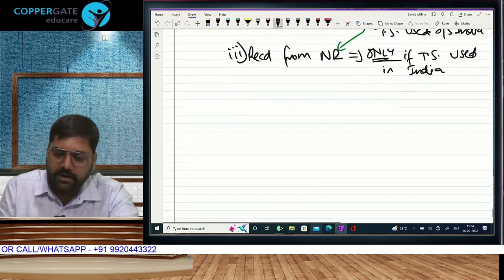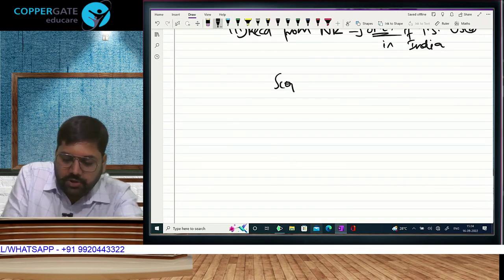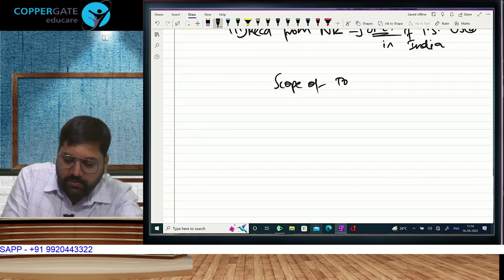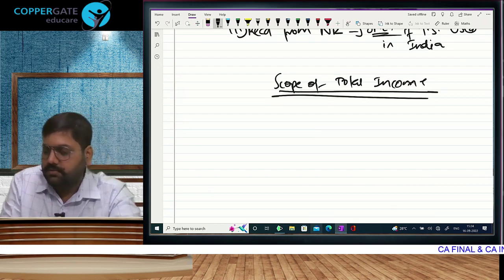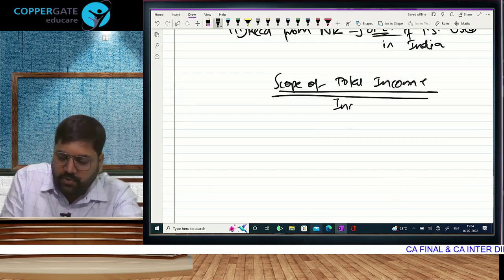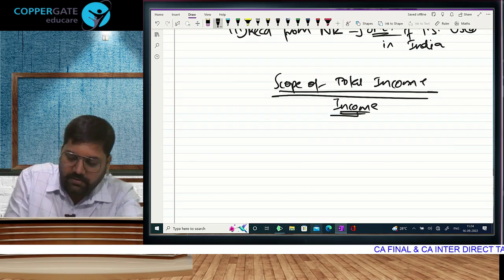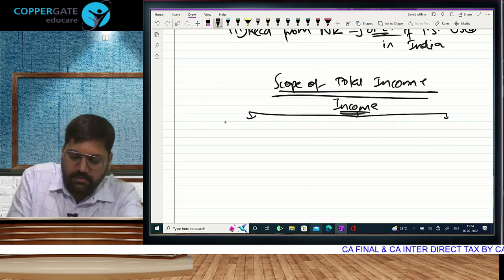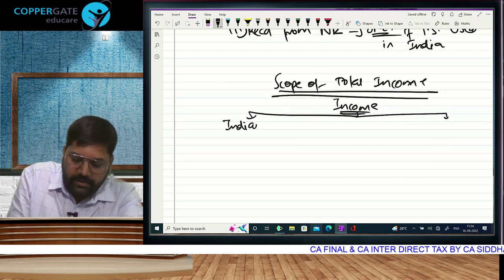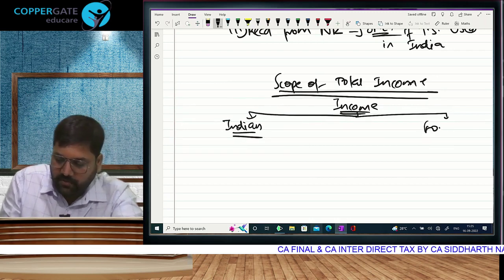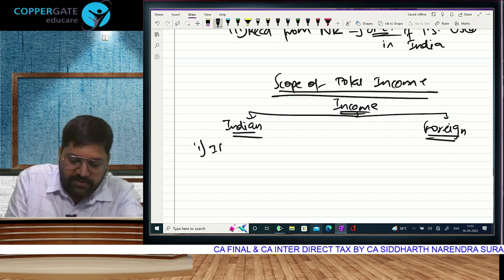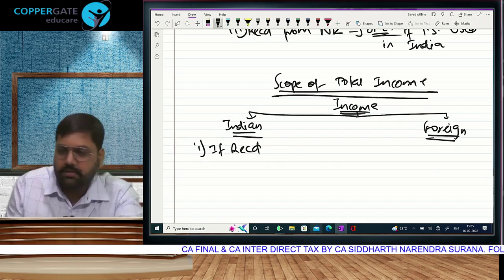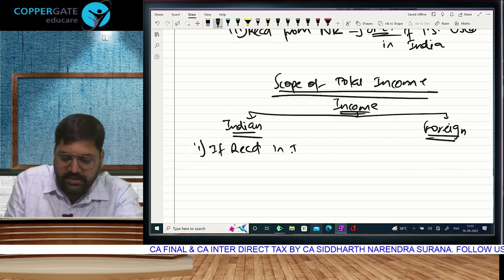Understood? And the final conclusion for your scope of total income is going to be something like this. The chart we have made before. Just a conclusion. Income is going to be divided into Indian income or foreign income. Some fine tuning. If received in India, is it Indian income?